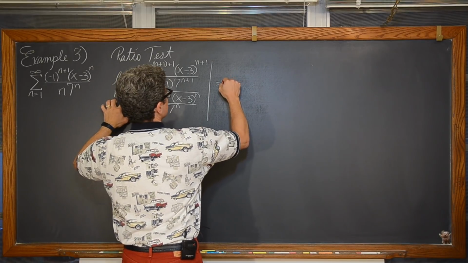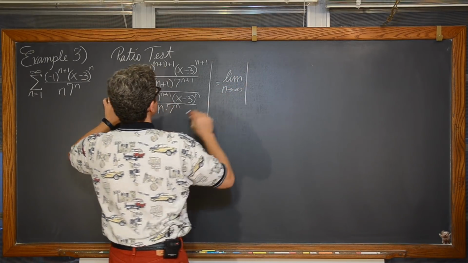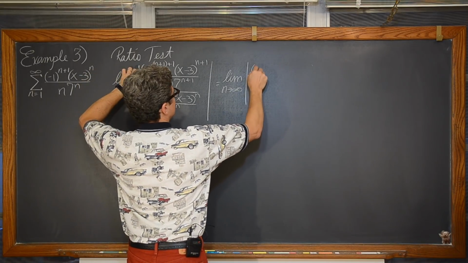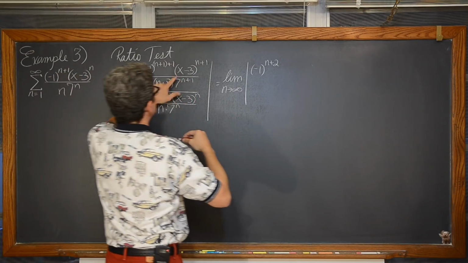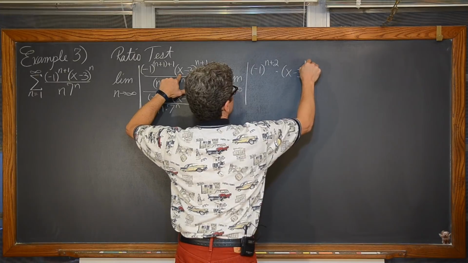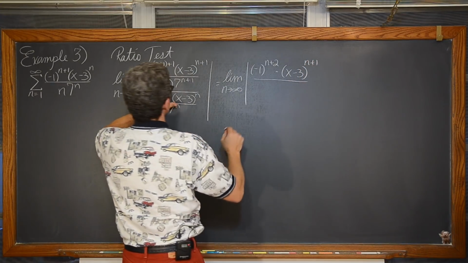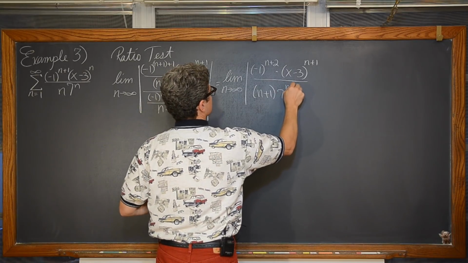Lots of cancellation. So the limit as n approaches infinity of the absolute value of the negative 1 raised to the now n plus 2 power, because of course 1 plus 1, times x minus 3 raised to the n plus 1 over n plus 1 times 7 to the n plus 1 power.